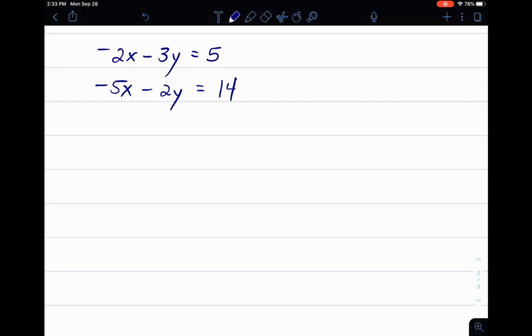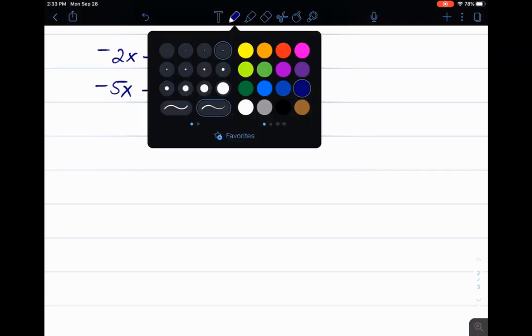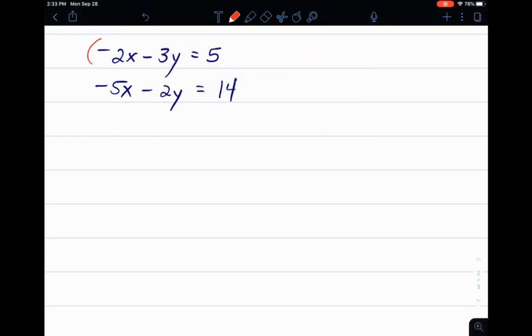So which variable do y'all want to do? X? Okay, so what is the easiest number to turn 2 and 5 into? 10, right? So most of the time, if you just multiply the two numbers together, that's probably the easiest thing to do. So what would I need to multiply this top one by? Okay, we could do 5. What would I need to do down here?